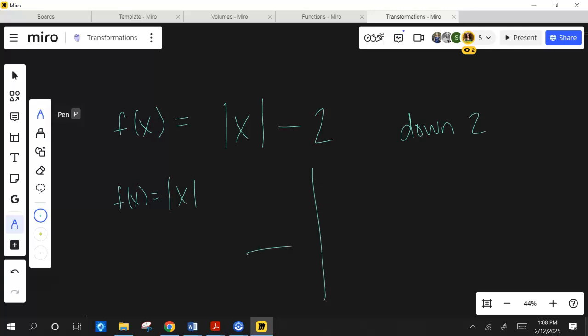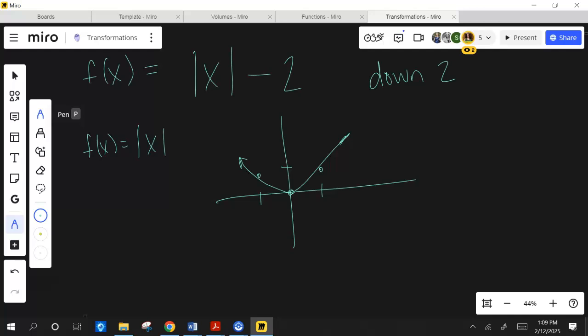So if you think about where that parent is, 0, 0, 1, 1, negative 1, 1, you just have to know the parent. Negative 1, 1, and 1, 1. That's the parent graph.